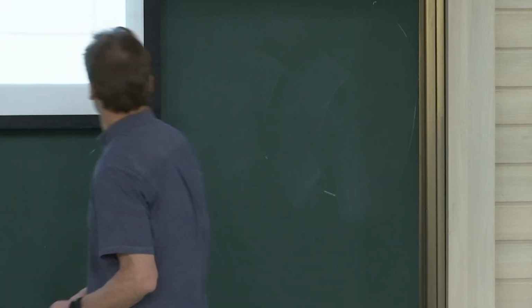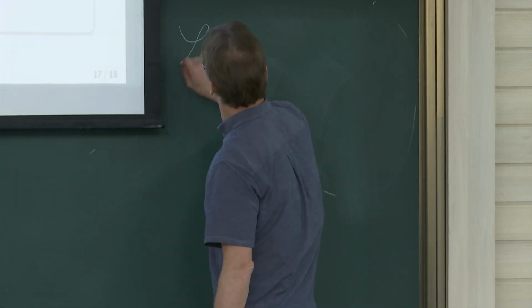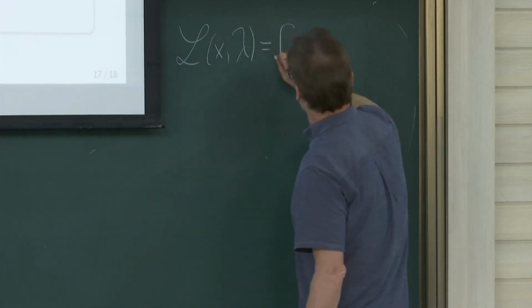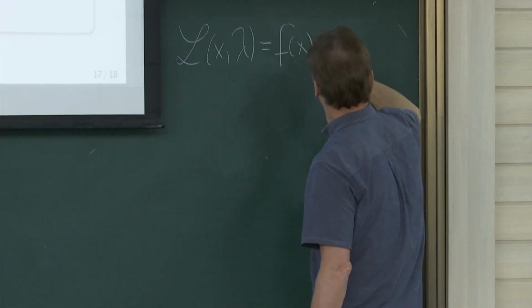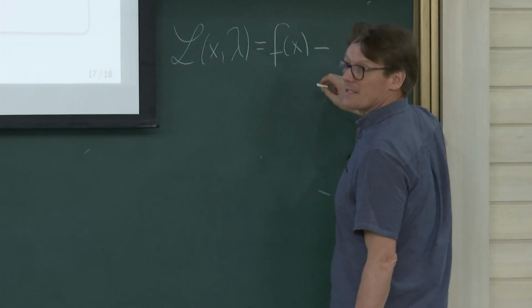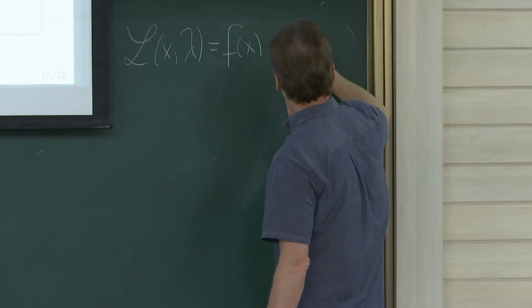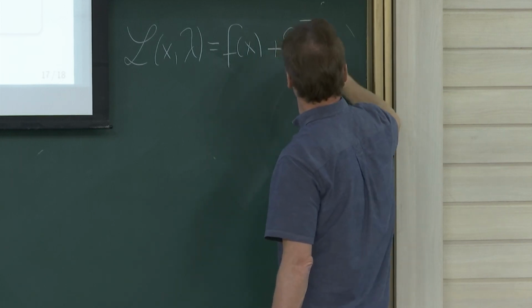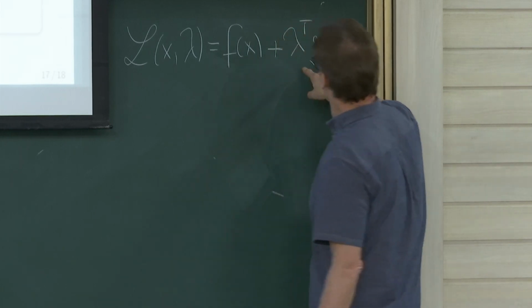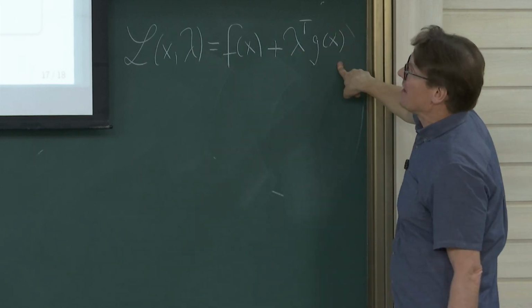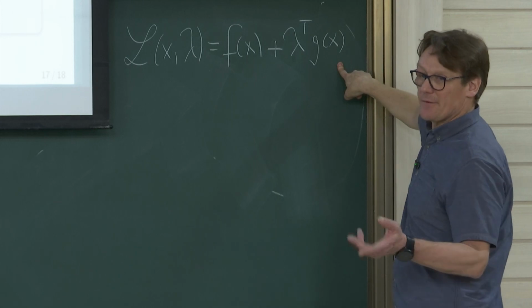Right. So the Lagrangian is the original objective function plus lambda transpose g of x. And so lambda is non-negative, g of x is less than or equal to 0.